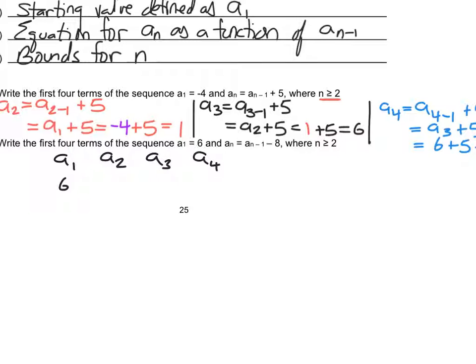You could kind of reason it out if you want, but this model is telling you what to do. Take your previous answer. In order to get a sub 2, take your previous answer and subtract 8 from it. So negative 2, negative 10, negative 18.